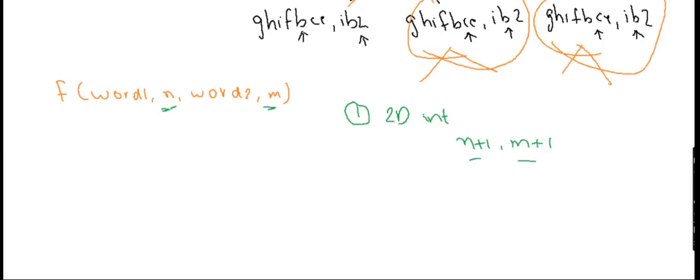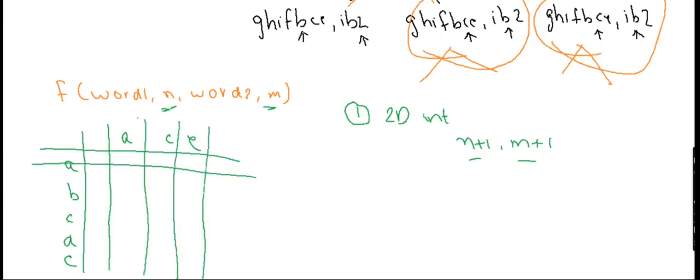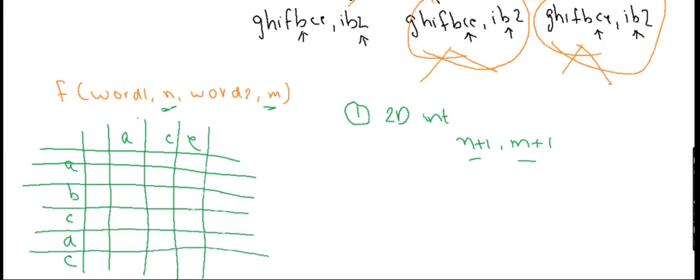So for example, if we have this A, B, C, D, E and A, C, E, so here we have created an integer table of n plus 1 and m plus 1 size. This is our index 0, 1, 2, 3, 0, 1, 2, 3, 4, 5.